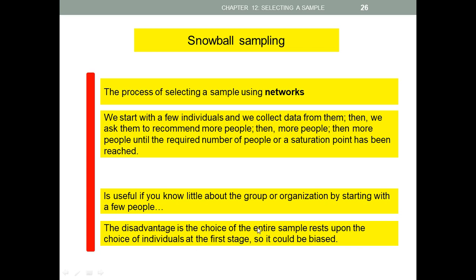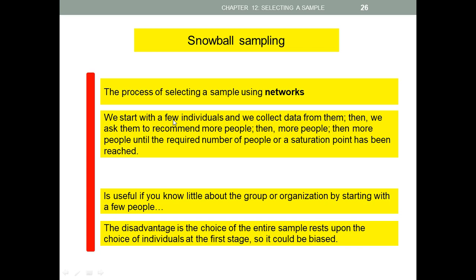As stated earlier, we start with a few individuals, and then they recommend more individuals, and more individuals recommend more individuals. So the first few individuals shape your research journey or determine who is gonna be subsequently recruited in your study.